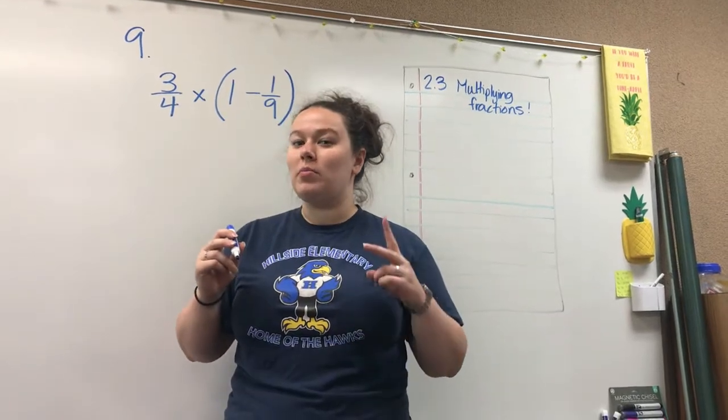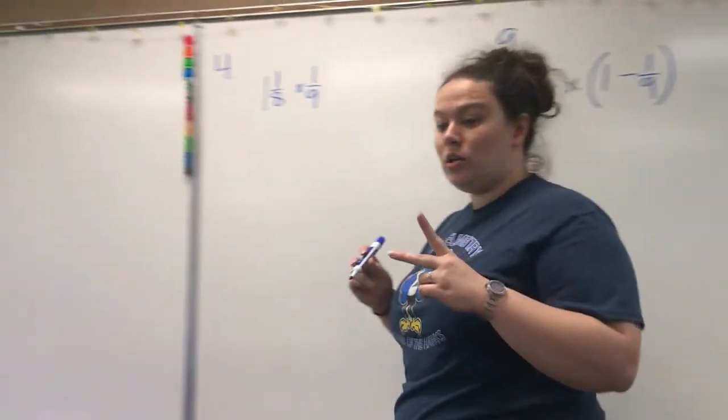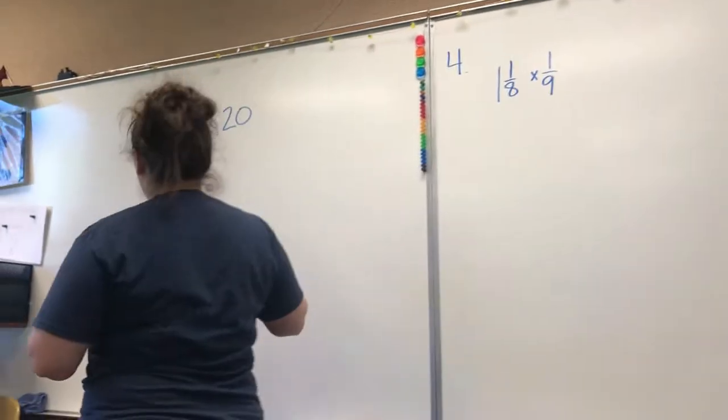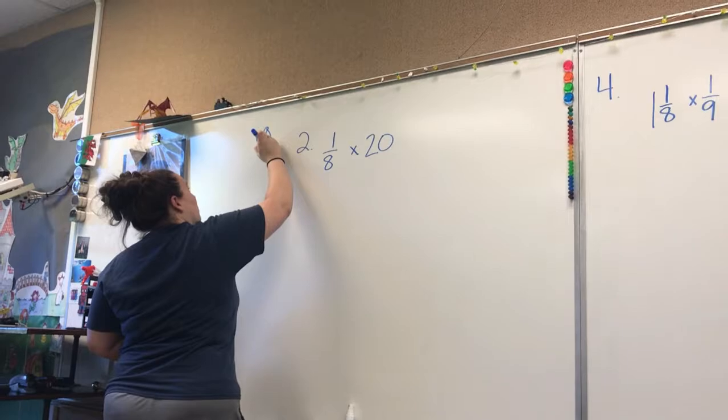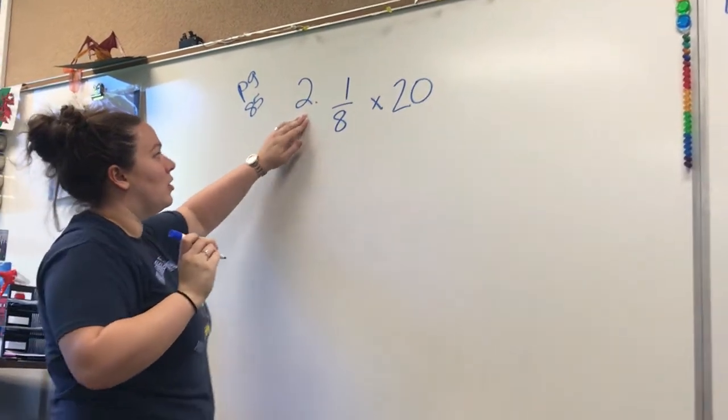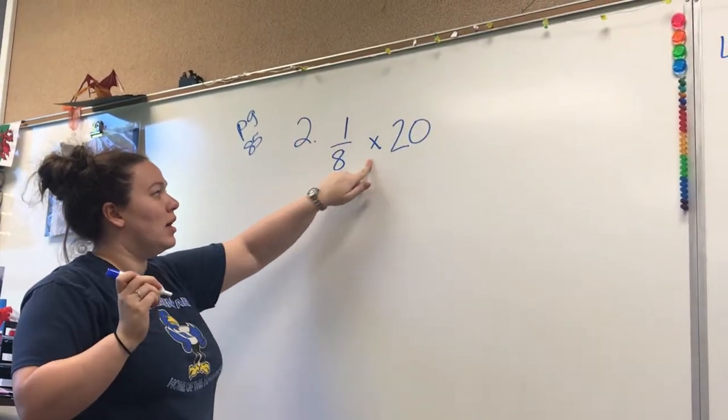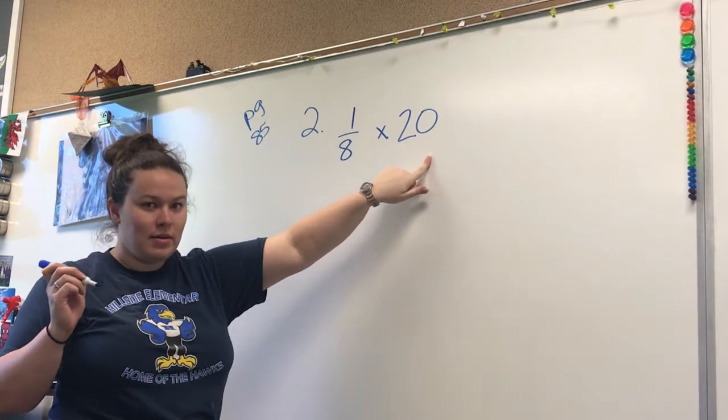Let's look at problem number 2 in your book. This is page 85. We have 1/8 times 20.